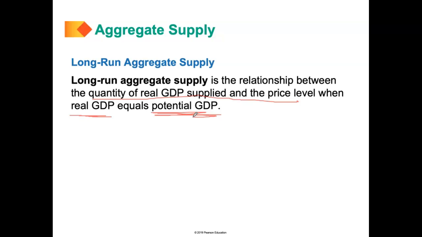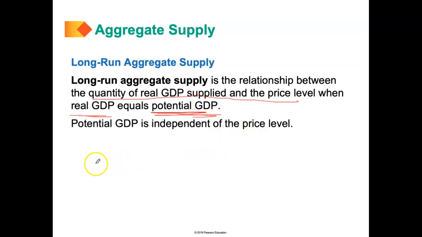Now in the long run, which is 2 or more years, we measure the economy based on the maximum amount the economy can produce. Since the economy can produce a certain maximum amount, regardless of whatever happens, if it decides to employ all these resources, potential GDP is independent of the price level.